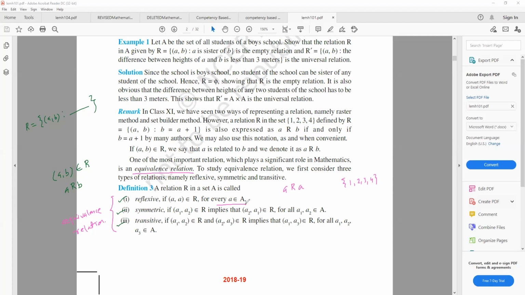For every element a, that element should be related to that element itself. तब हम बोल सकते हैं that relation is a reflexive relation.